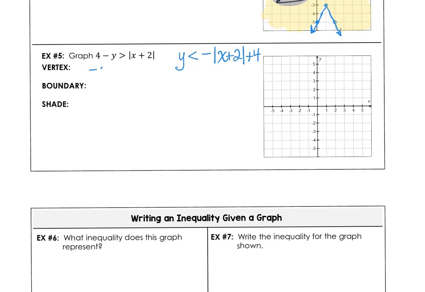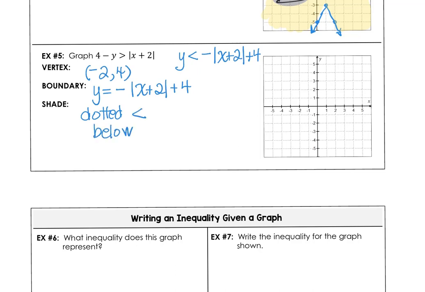Your vertex is (-2, 4). Your boundary is y equals negative absolute value of x plus 2, plus 4, and it would be a dotted boundary since it was less than, and your true statement would be below the graph.